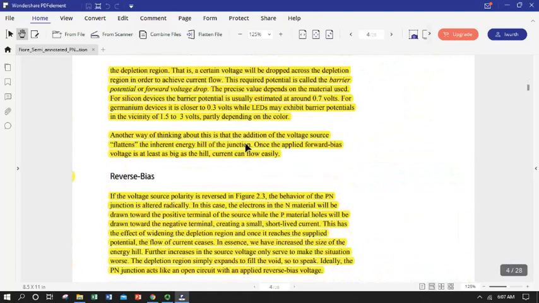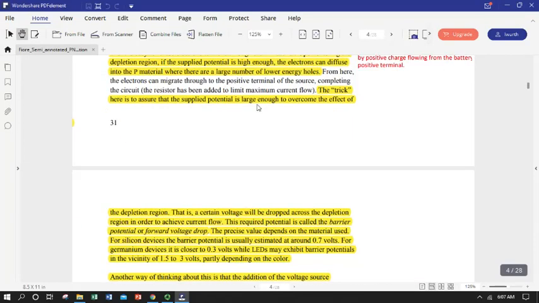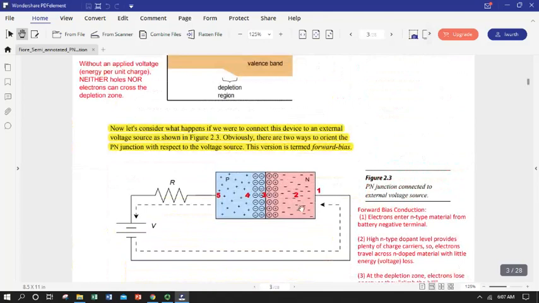Okay, obviously there is an opposite way, reverse bias, and there's not a picture to go with it, but you can just imagine the voltage source polarity in our schematic up here being reversed. What would happen if we flipped the battery and all of a sudden we applied a negative potential to the P side and a positive to the N?